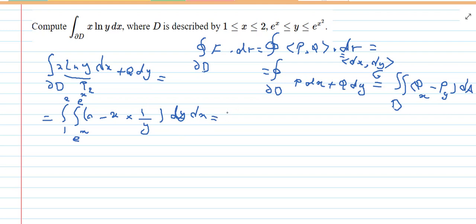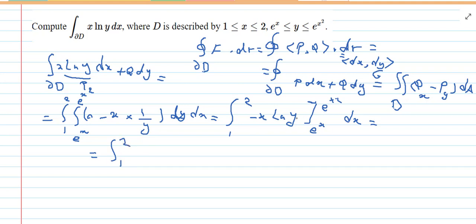This will be equal to the integral, and from dy we get the integral, which is equal to minus x ln y, and this changes between e^(x²) and e^x. Again dx, that will be equal to the integral from 1 to 2.